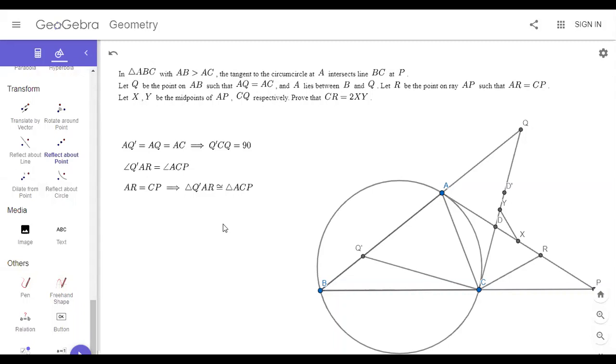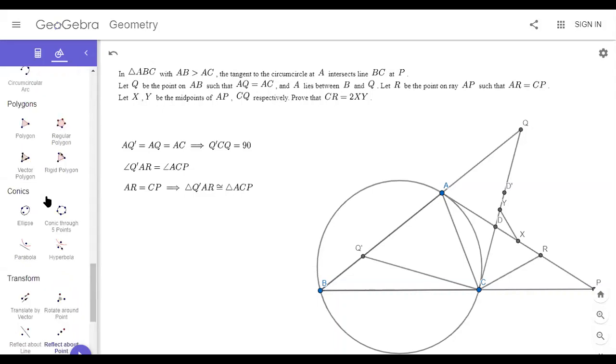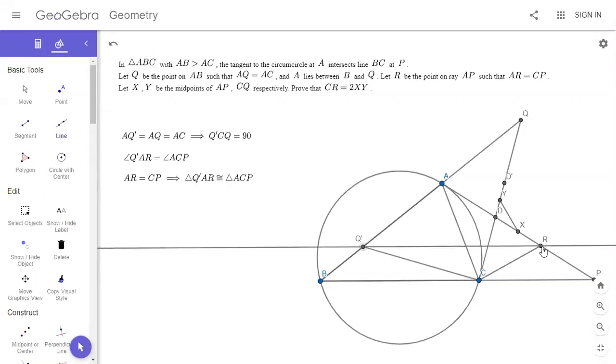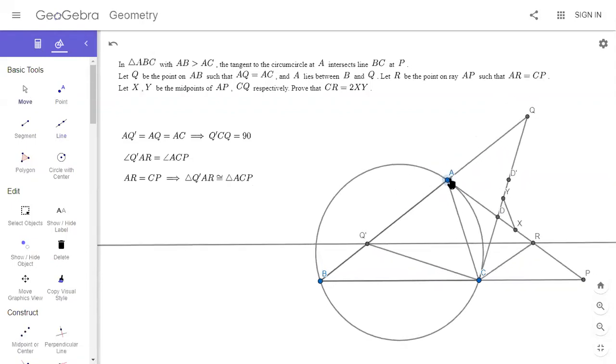Is QR parallel to BP? I'm sorry, Q prime R? Yes. Yeah, those are parallel.